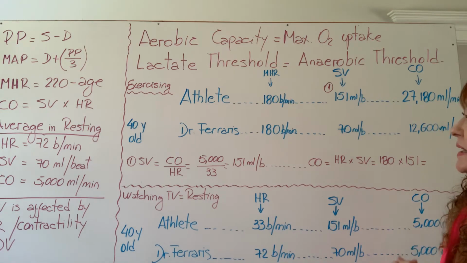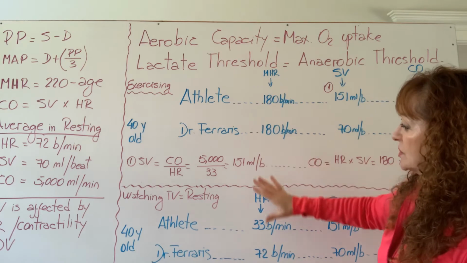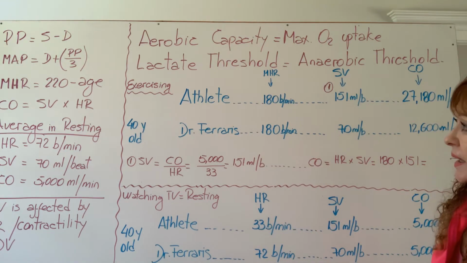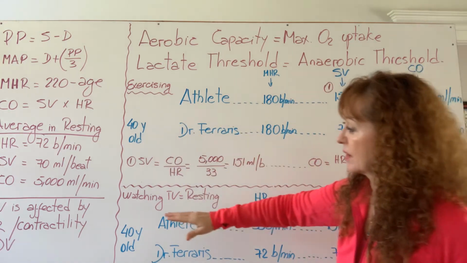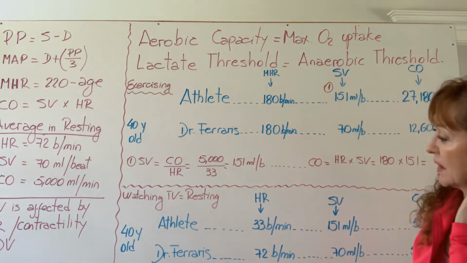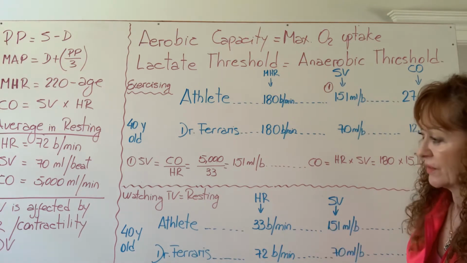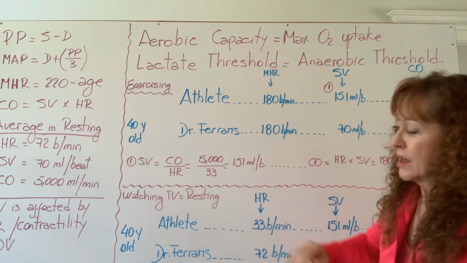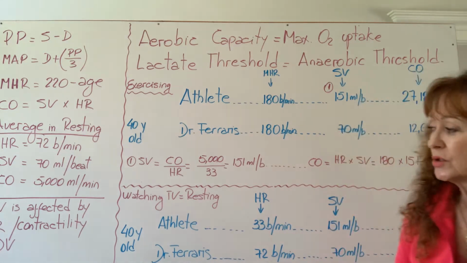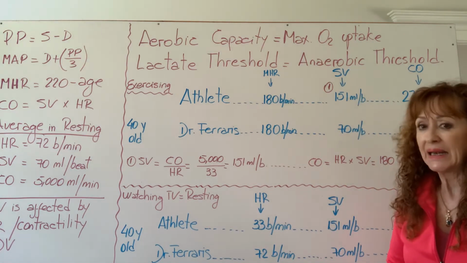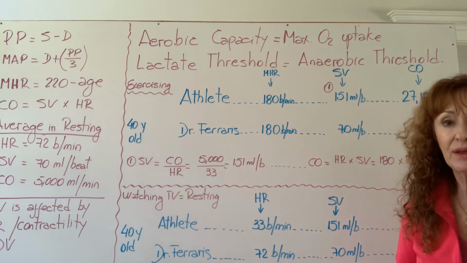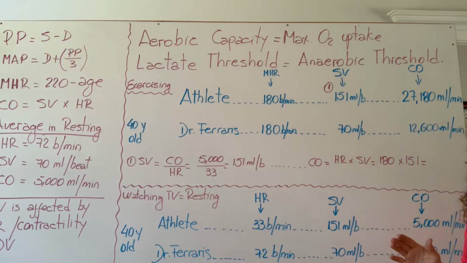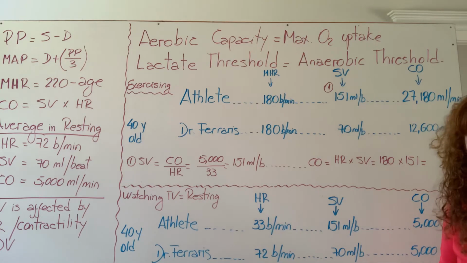And I took the time to present two different scenarios: the person engaged in exercising, or the person in resting position. I want to start with this one because I want you to be clear how stable the cardiac output has to be during resting condition, regardless of whether you are an athlete or a person without training.